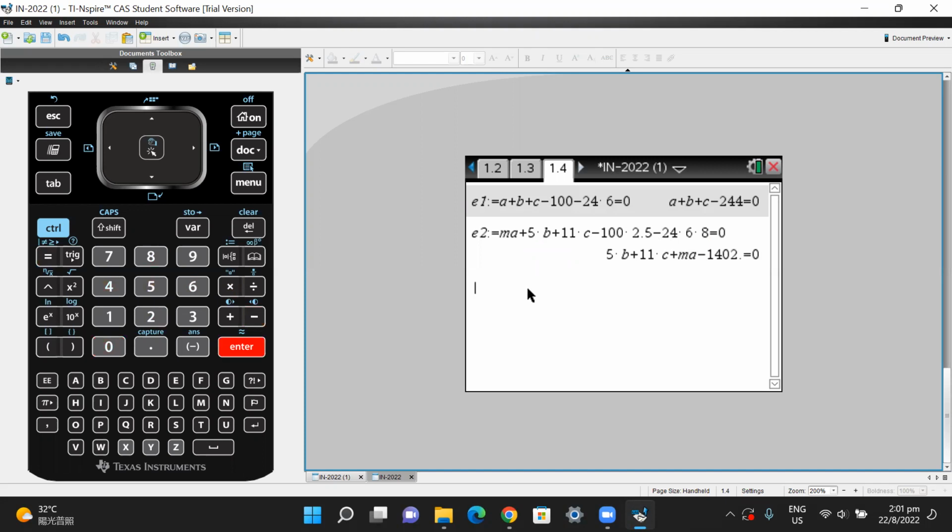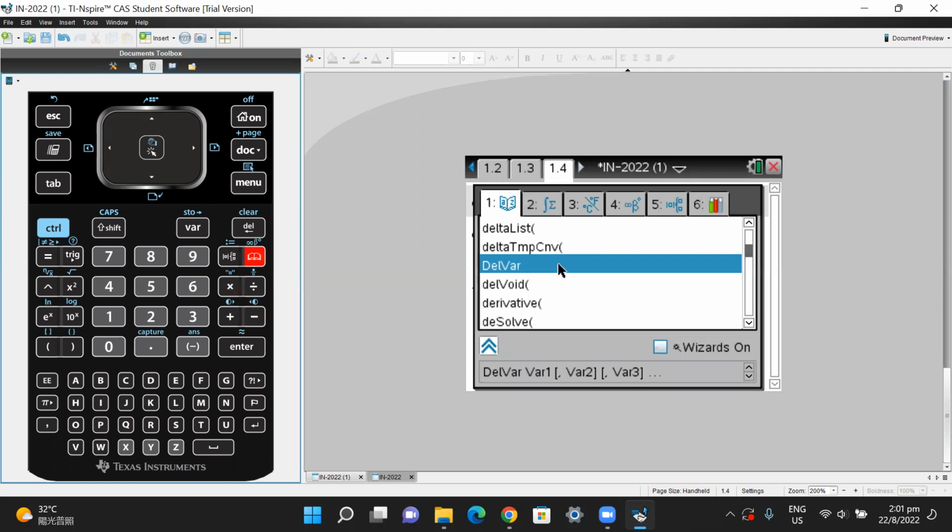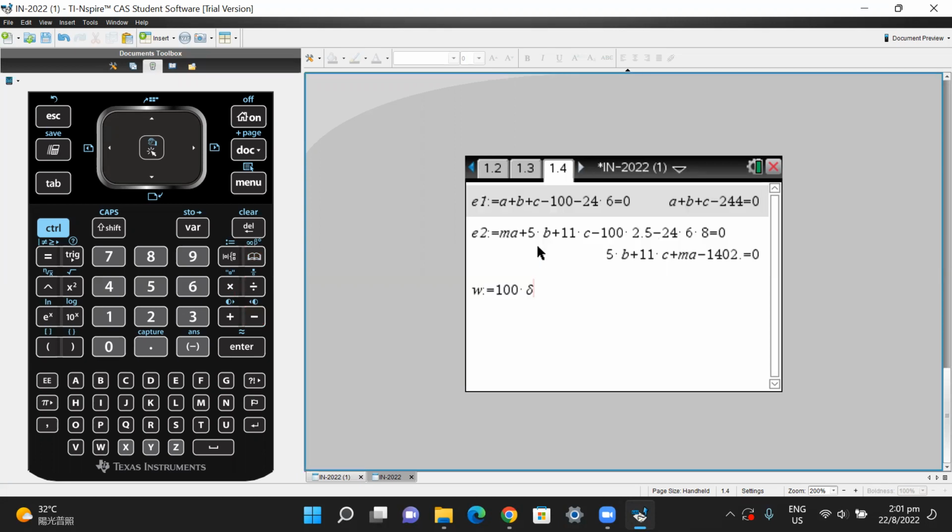And then let's type our W, which is 100 times, and we could get this symbol here, a special symbol called small letter delta, x minus 2.5.